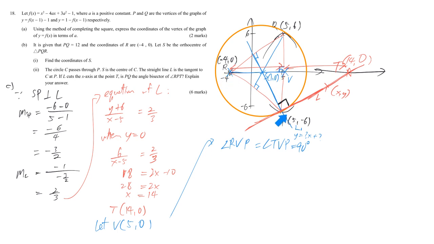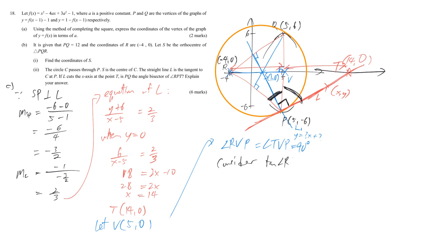Angle RVP and angle TVP should be the same, equal to 90 degrees. So we can apply the trigonometric ratio. For this angle, now the question basically is asking, is this angle and this angle are the same?